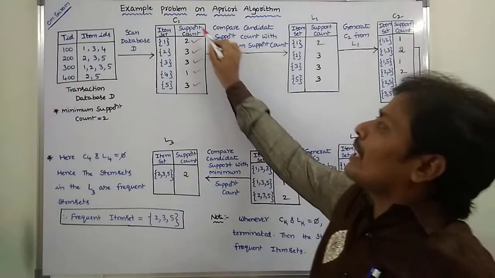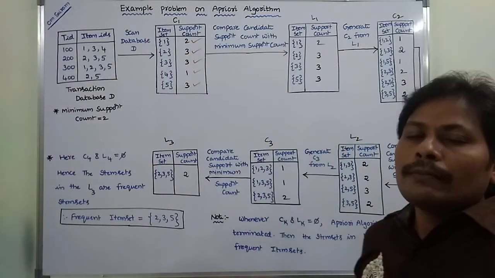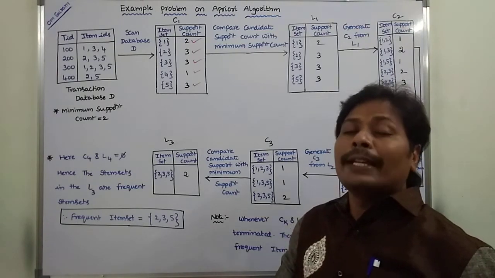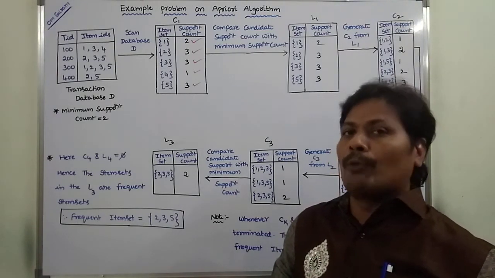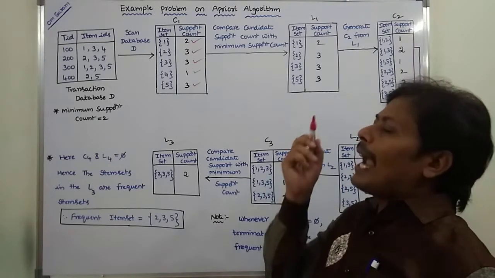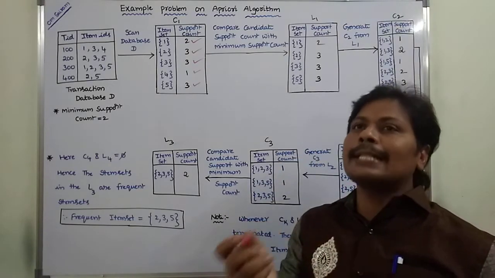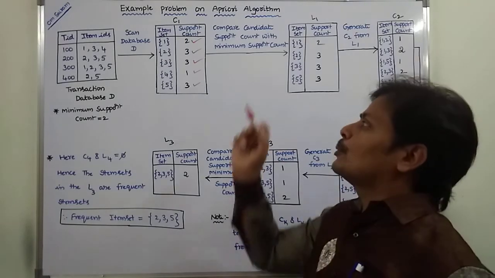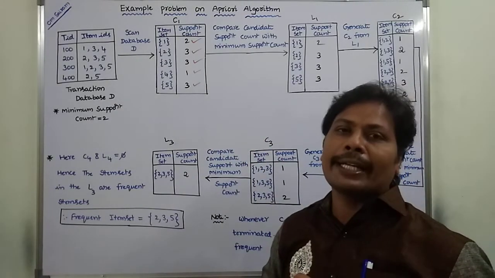Once we get C1, compare the candidate support count with the minimum support count. If the candidate support count is less than the minimum support count, we have to prune that candidate item set.